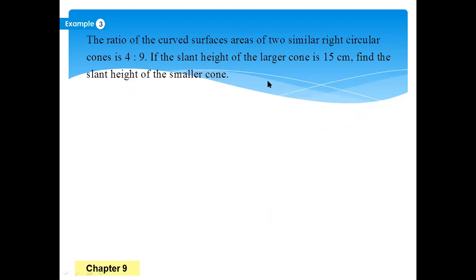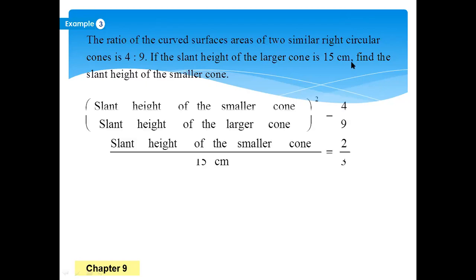Question number 3. We have the ratio of curved surface area of 2 similar right circular cones, which is 4:9. So this is the ratio of areas given to the slant height. That means a length, a line of the larger cone is 15. The question asks you slant height of the smaller cone.